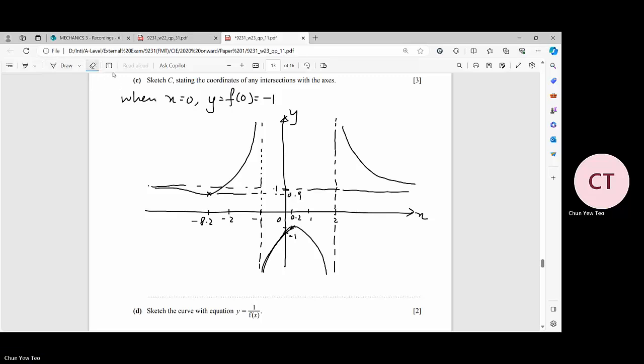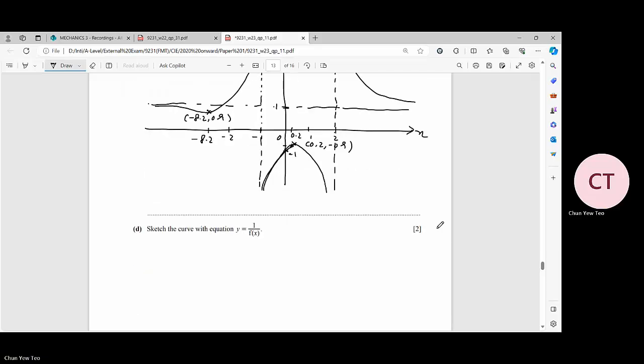But over here, it's not so nice because I'm not drawing following the scale. So it's better that we just put it here, (negative 8.2, 0.9). And this one is (0.2, negative 0.9). Okay, so this will be the graph for part C.